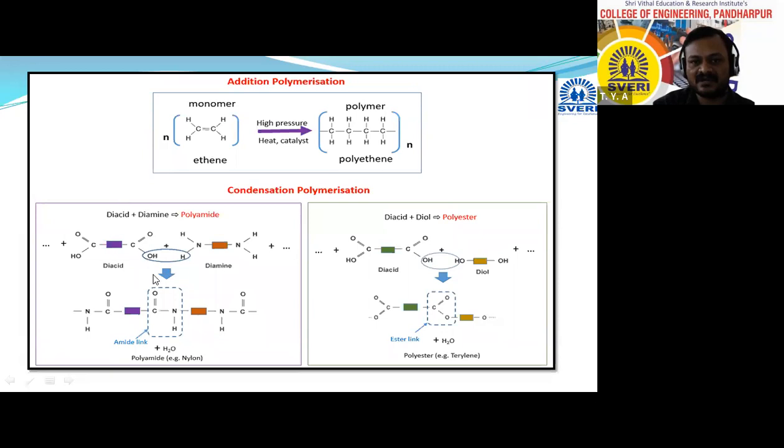Okay, please note it down. Examples of addition polymerization and examples of condensation polymerization. Note down the reaction.